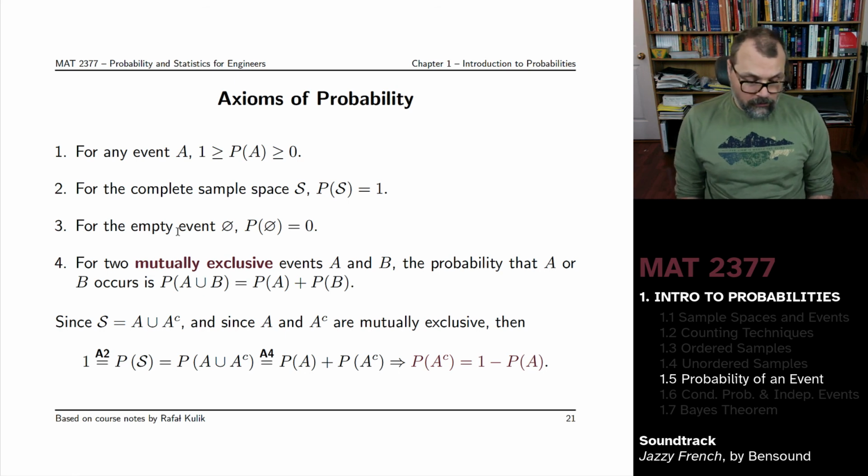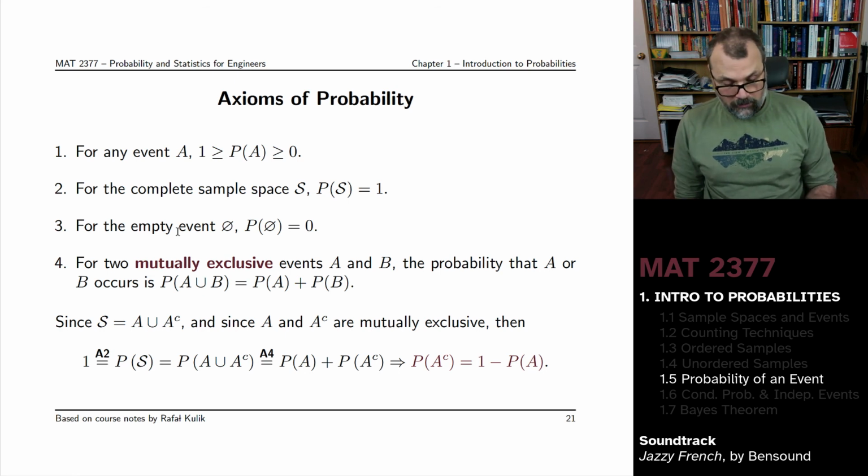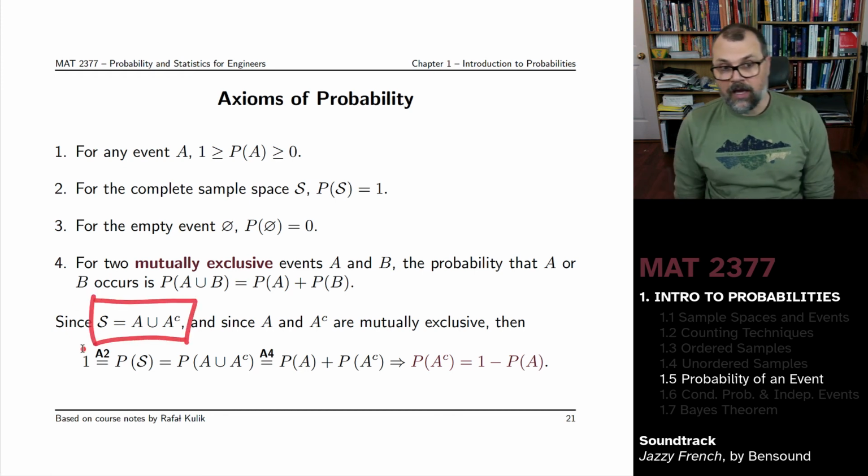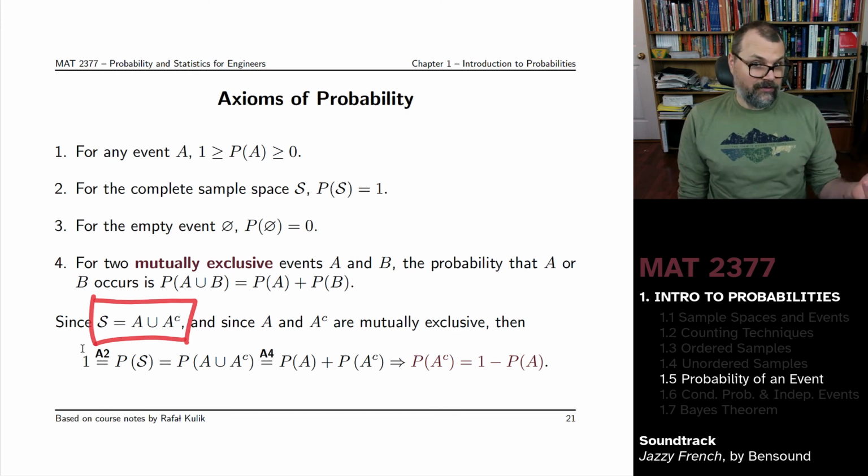Now we know that the full sample space S is going to be the union of any event you pick, A, and its complement. Right? A union A complement is everything which is in the event A or not in the event A, and that covers everything.